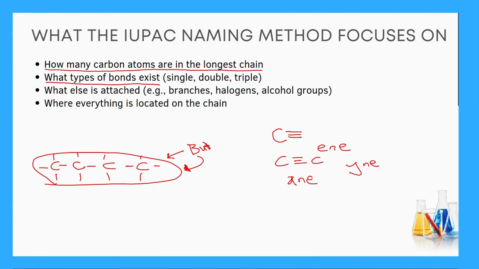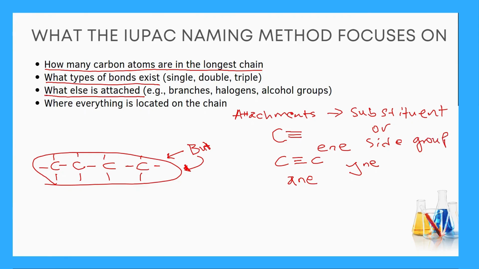Now, the next thing that the IUPAC naming method focuses on is what else is attached. When we talk about attachments, we are simply referring to the substituent, or the side group.